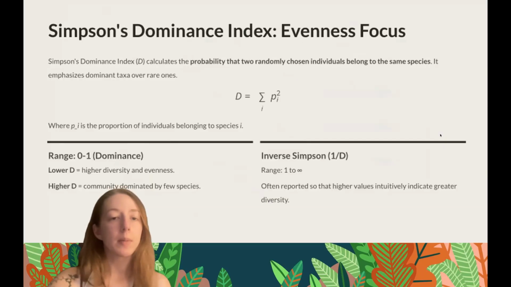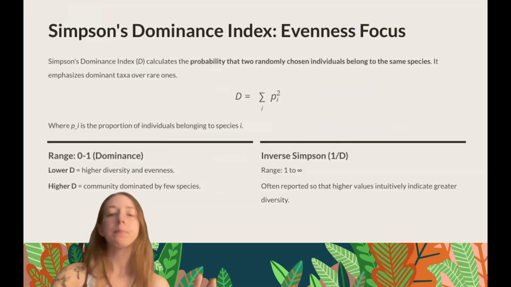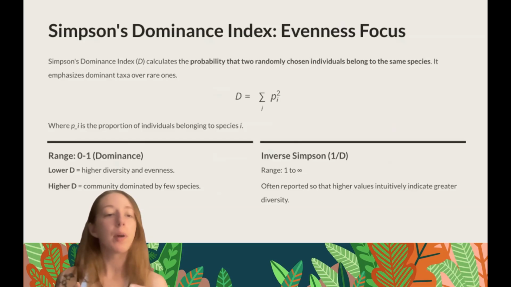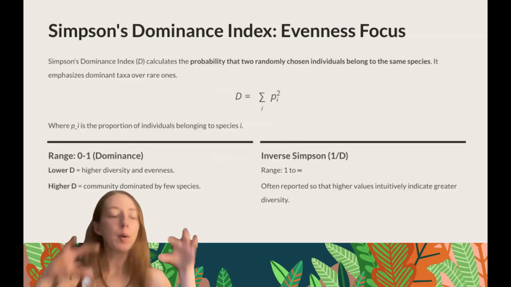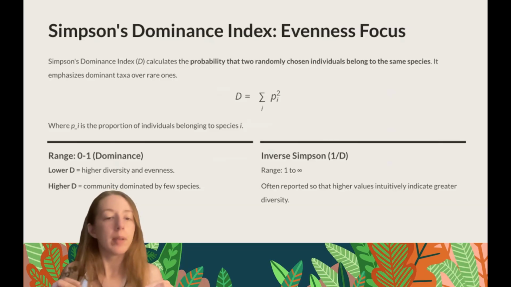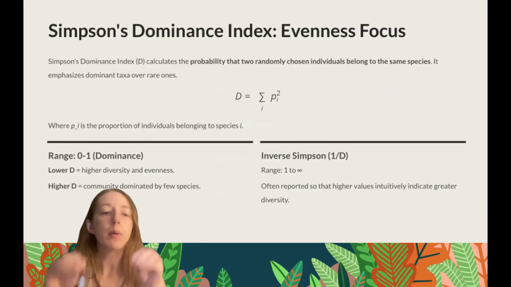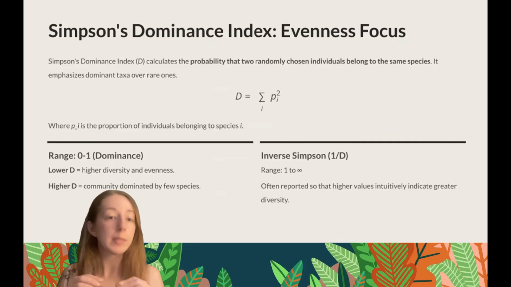The Simpson's dominance index is another one that is also widely used. And so this one focuses on dominance and is able to calculate now the probability that if you pull out two species, what are the chances that both of them are going to be the same? So it's different than the Shannon, looking at the probability that both of those species you pull out of the bag is going to be the same.